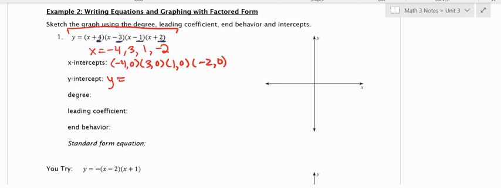And then the leading coefficient's a 1, right? So I'm just really doing 4 times negative 3, negative 1, and 2. Because, again, the y-intercept is what happens when x is 0. So if I substitute in a 0 for x, what do I get for y? When we multiply all of that out, we're going to get a positive 24.